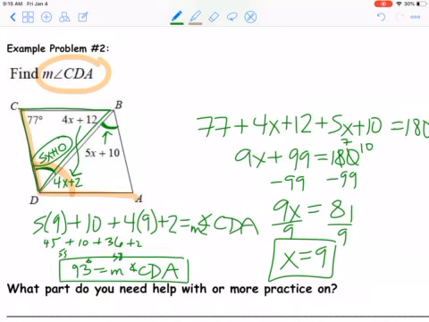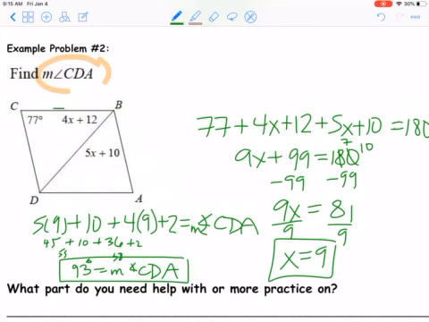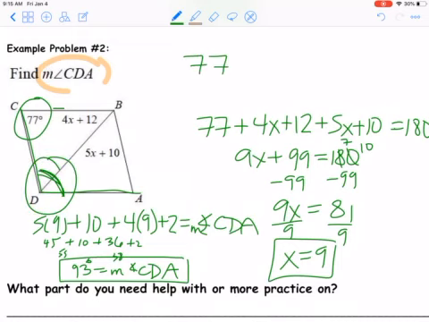Now, there's a couple different ways you could have gone about this problem. If you noticed right away that we wanted angle CDA, these two angles make 180. So you could have said 77 plus CDA equals 180.